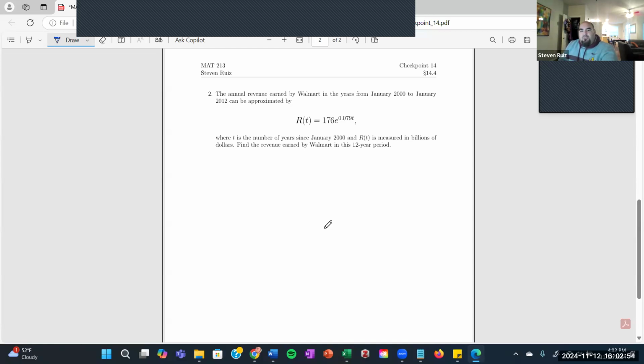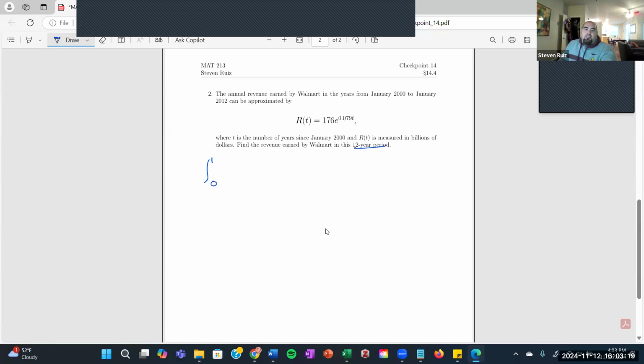I want to find the revenue earned by Walmart in this 12-year period. So how do I find this revenue? So if I know the rate, this is a continuous revenue function. If I know this rate, then I can set up an integral to basically find out what the accumulation is over this rate. So it's a 12-year period.